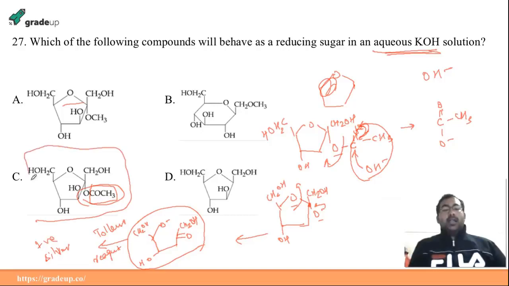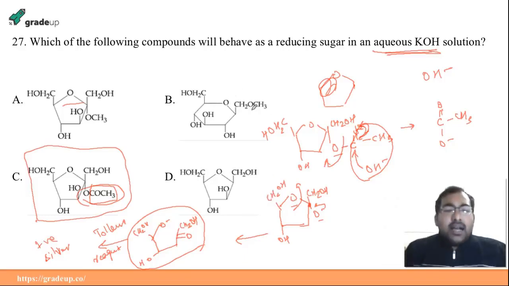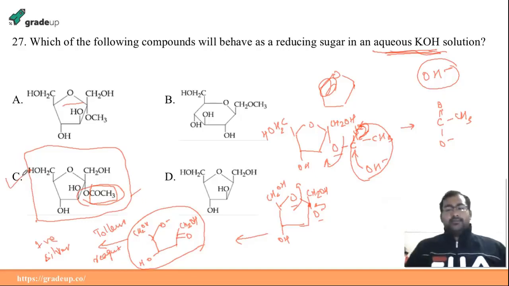It behaves as a reducing sugar in an aqueous KOH solution. And you can see the other compounds: if you have this OH minus and this aqueous KOH, where will this O negative attack? Nowhere, right? So this is the correct option for you, the C part. All right, okay, move on.